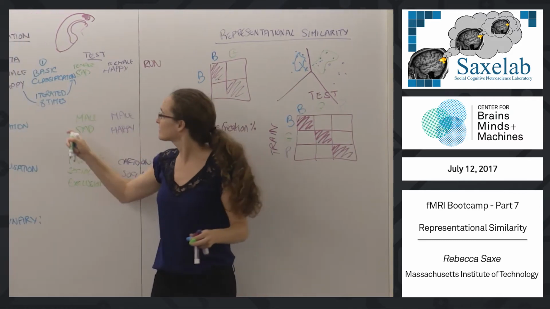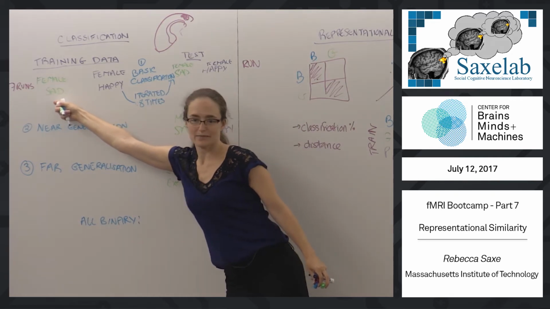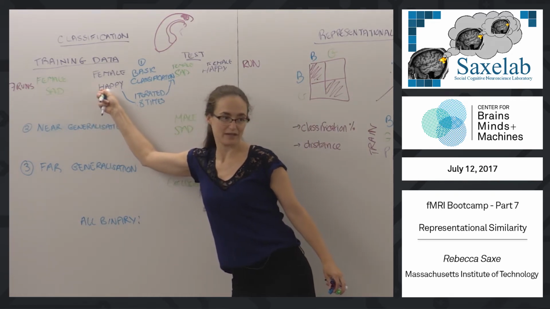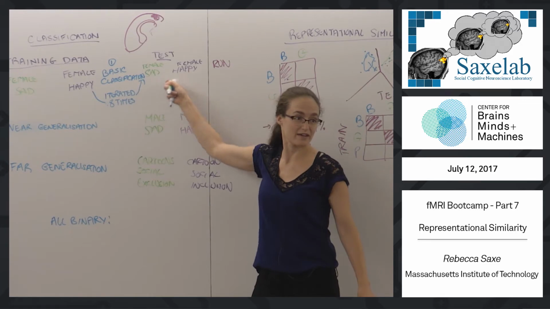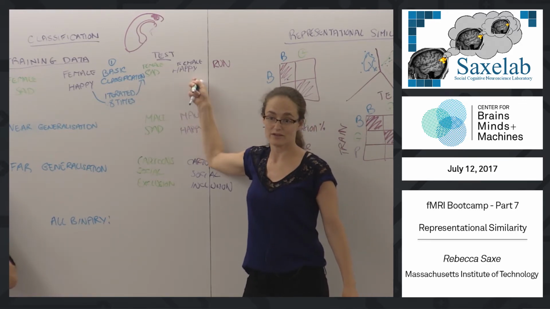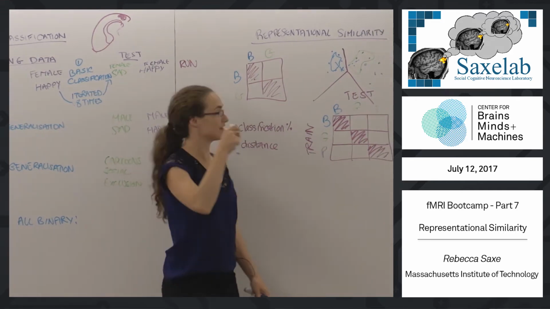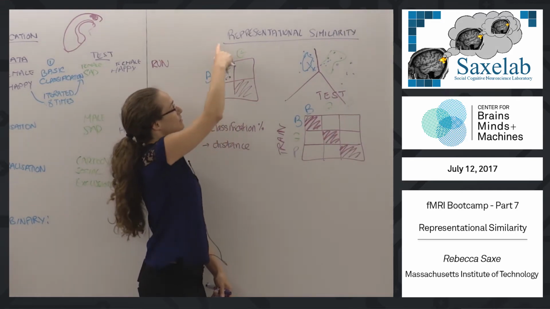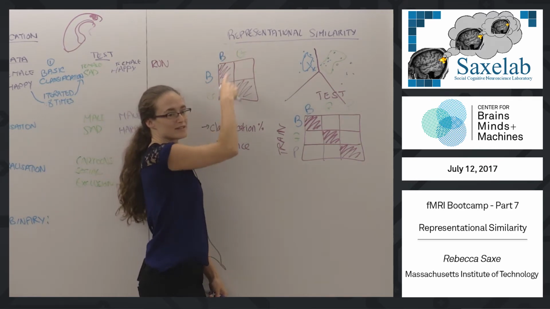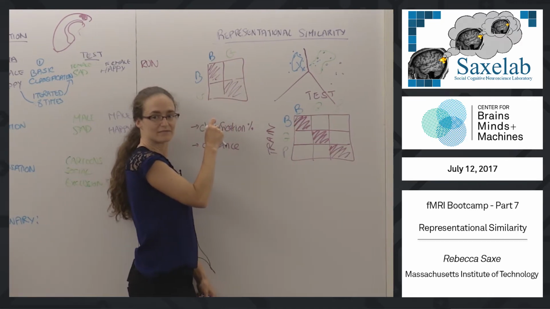Right. So what we were asking here is we had trained on some examples of female sad, some examples of female happy. We got new examples of female sad and new examples of female happy. The question, can you classify the new examples based on what you learned from the examples, is the same question as, are the new examples more similar to the old examples of the same condition than they are to the old examples of the other condition?